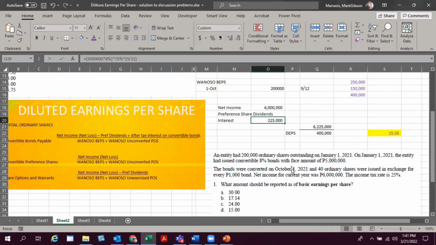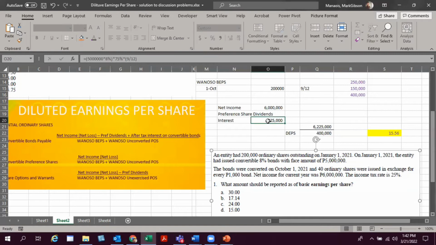Remember, it was converted on October 1, 2021, so from January to September lang yung interest na kailangan natin i-compute. That's 9 months. So 5 million multiplied by 8%, multiplied by 75% to remove the income tax, multiplied by 9 over 12, representing interest from January to September 30, 2021. So that would be 225,000.